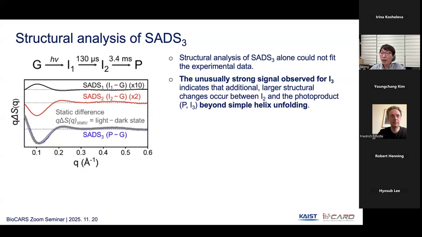And this unexpectedly strong signal for I3 indicated that additional larger structural changes occur between I2 and the final photoproduct. And this means that the transition from I2 to I3 involves more than a simple helix unfolding, and it reflects a major rearrangement that we had not anticipated from earlier spectroscopic studies.